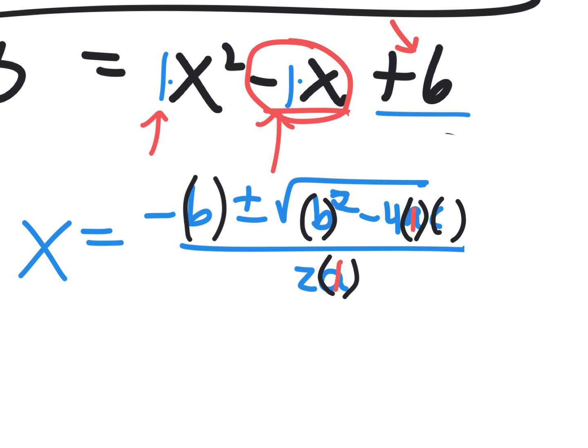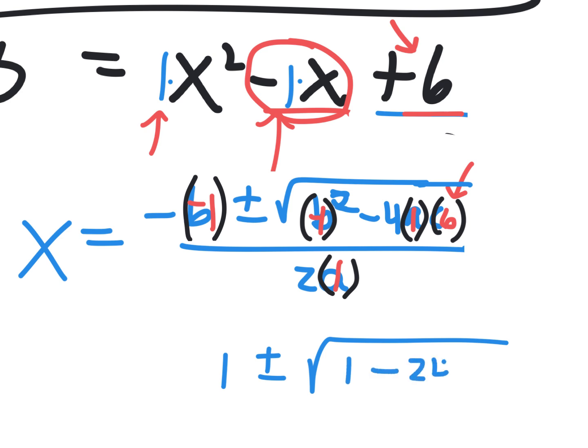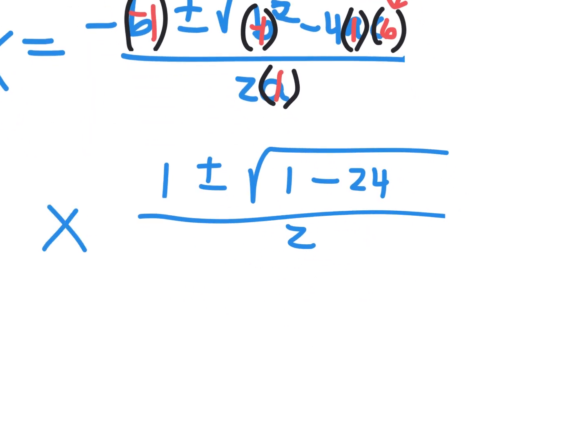B's negative 1, negative 1, negative 1. And C, there's only 1 spot for the C, it's right there, is 6. 6 goes there. It's all under the root. So then it's negative, negative 1 is 1, plus or minus, square root of, negative 1 squared is 1, minus 24, all over 2.